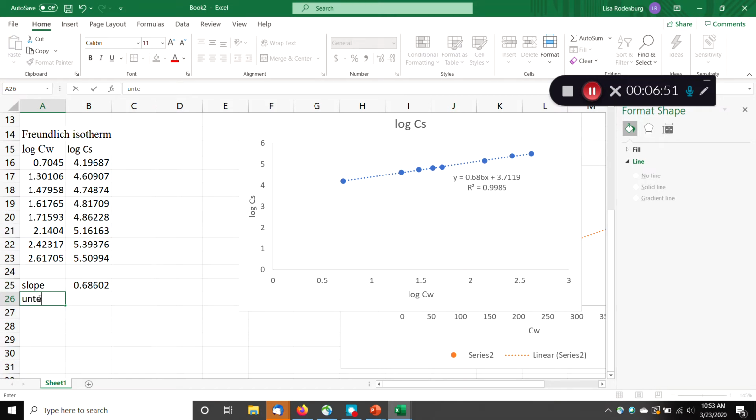And here's my intercept, INTERCEPT(y, x). Should be the same number, 3.7119. And just for fun, we can calculate our R squared, RSQ(y, x).